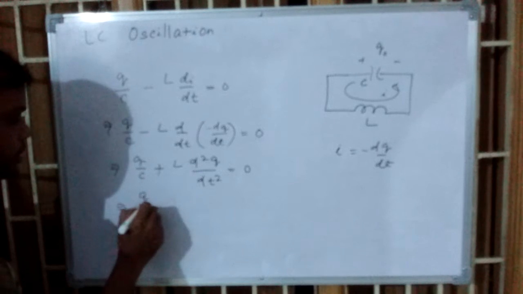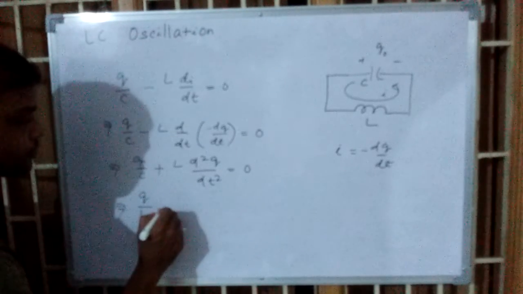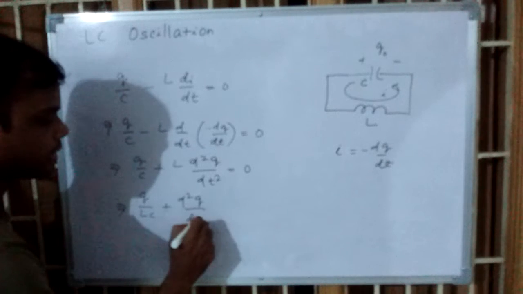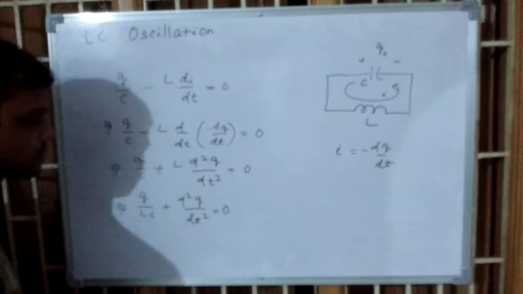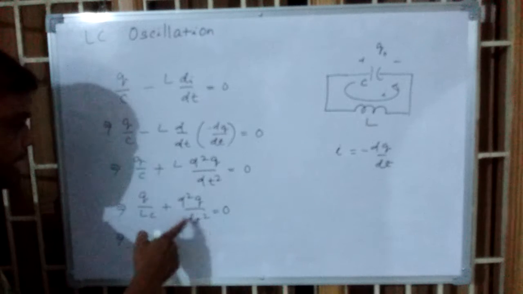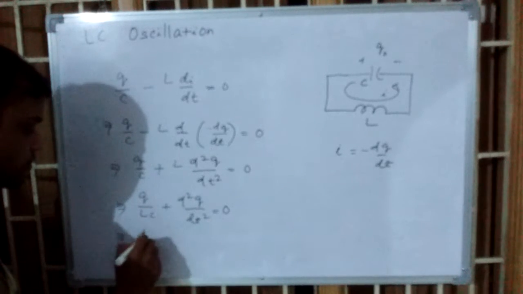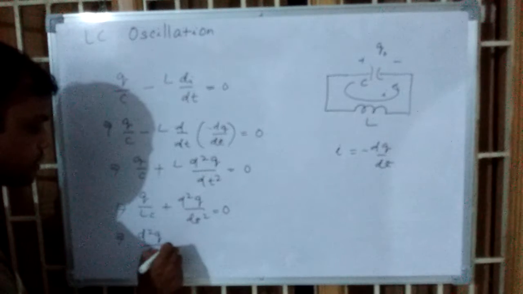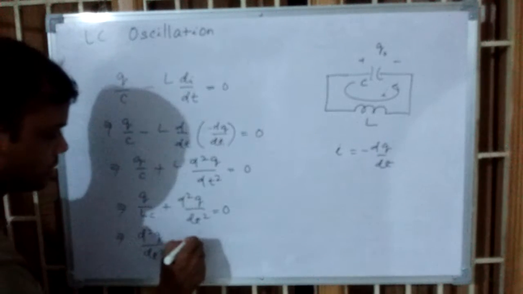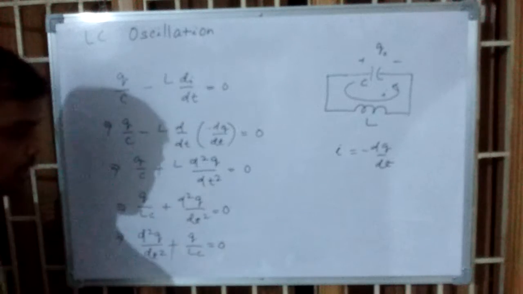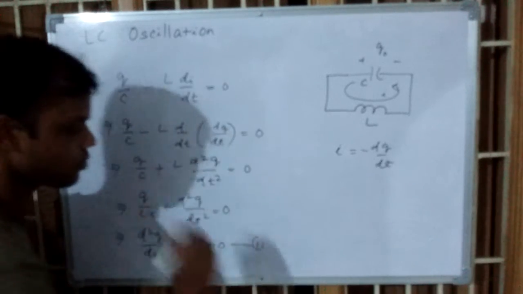So it will be Q by LC plus d square Q by dt square is equal to 0. Implies, I will write this term first: d square Q by dt square plus Q by LC is equal to 0. Now mark it as equation number 1.